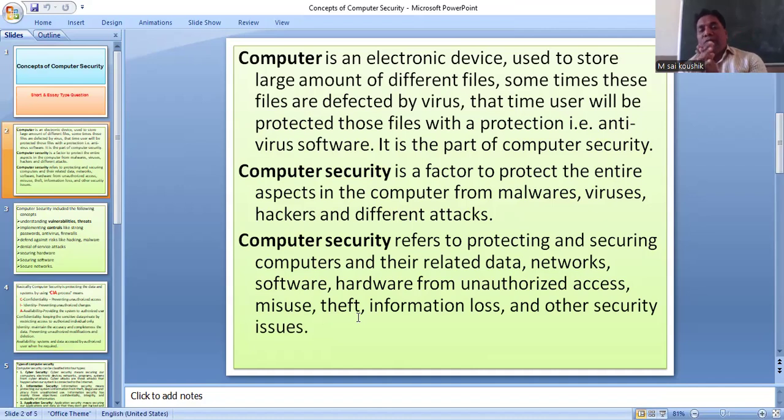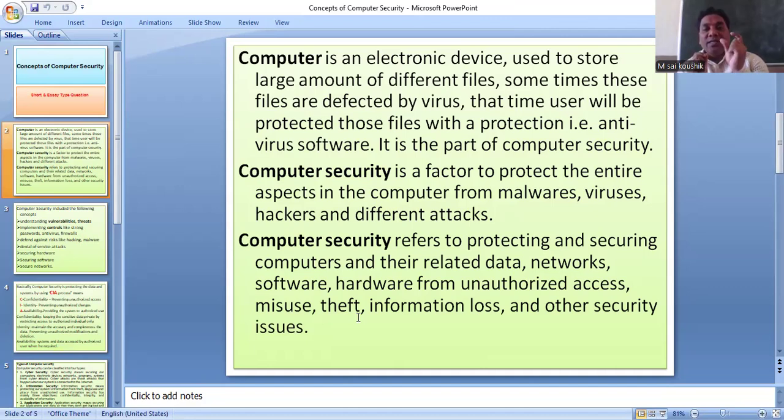For example, you can provide antivirus software for protection. When a virus appears in the computer, it will be controlled by special software called antivirus. It is a part of protection, a part of security, and a part of computer security.